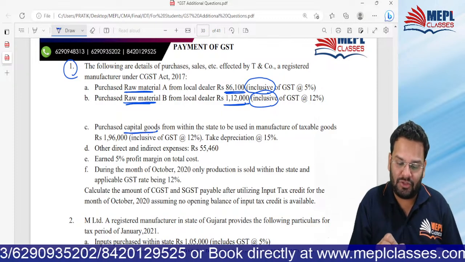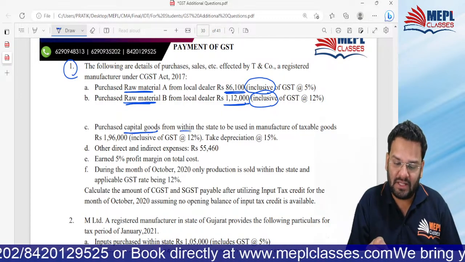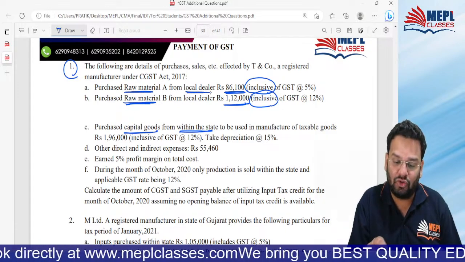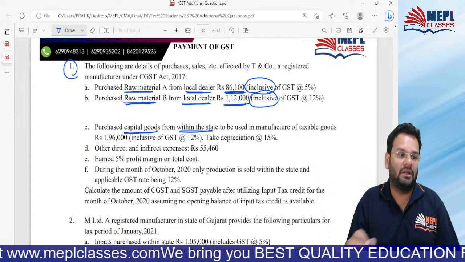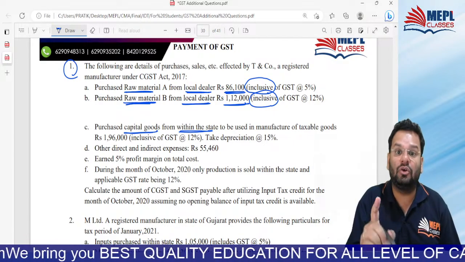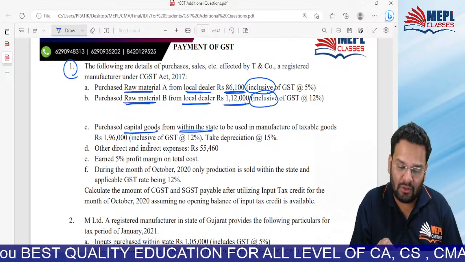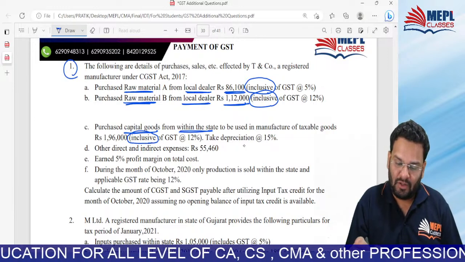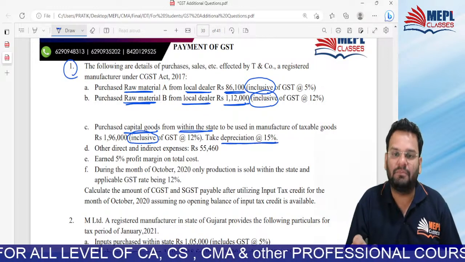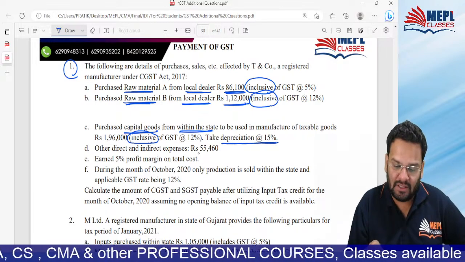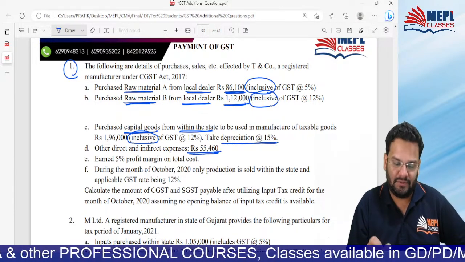Purchased capital goods within the state from a local dealer, to be used in manufacture of taxable goods, for 1,96,000, again inclusive of GST. On this, depreciation is at 15%. Other direct and indirect expenses are 55,460.